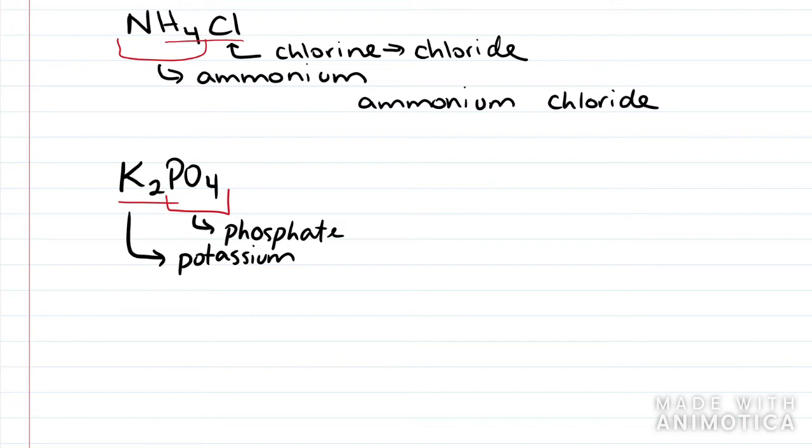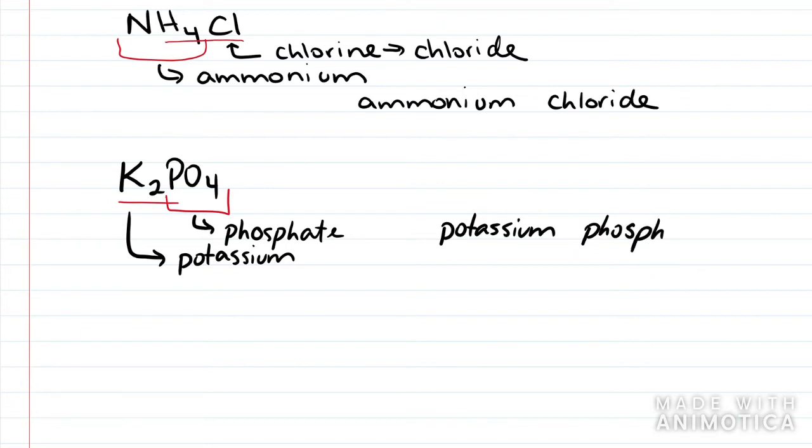So this one, even though phosphate is second, we don't actually change its name, because if we tried to change its name and wrote phosphide, that would just show as a P instead of a PO4. So we leave this the way it was written. So this will be potassium phosphate.